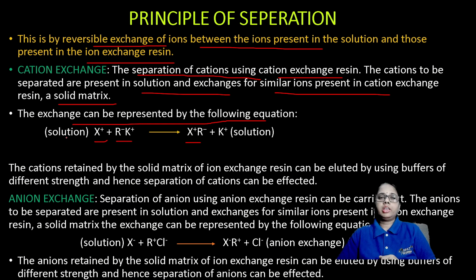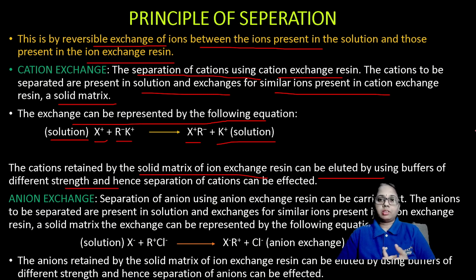Here you observe that the exchange takes place where the sample is given in the form of a solution. This is also in the form of a solution, so that means two liquids. The cations retained by the solid matrix of the ion exchange resin can be eluted by using buffers of different strengths.